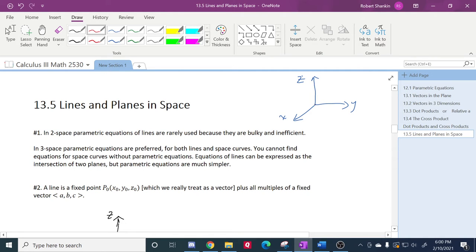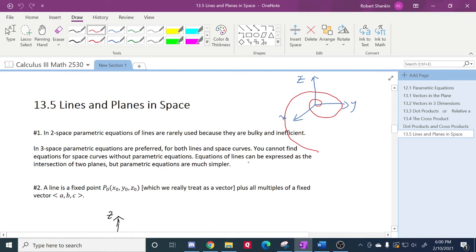And he zips around in this curlicue thing, getting further and further away from the origin and making bigger loops. This is a space curve that he has. And we can map out space curves and come up with the equations of these space curves. It could be thought of as the flight path of this little bitty alien. But in order to do that, we're going to need parametric equations.